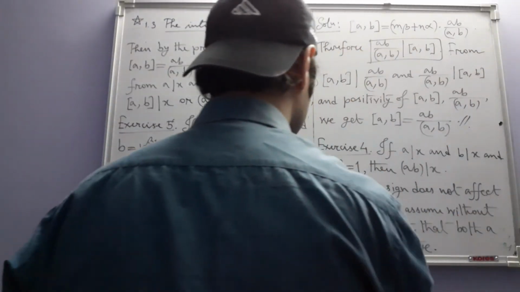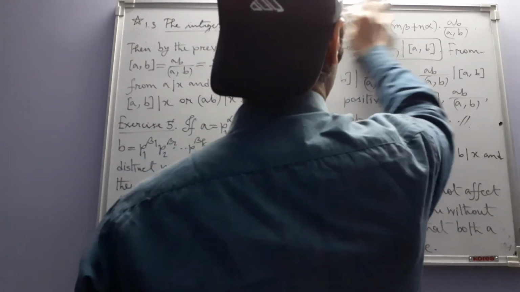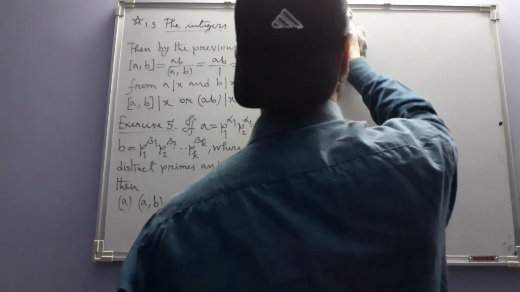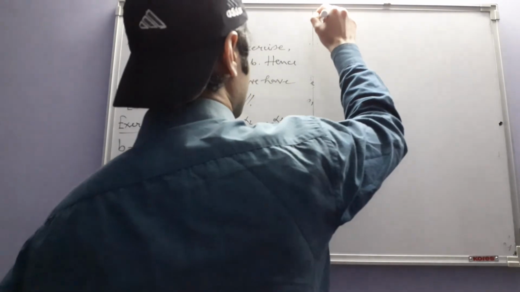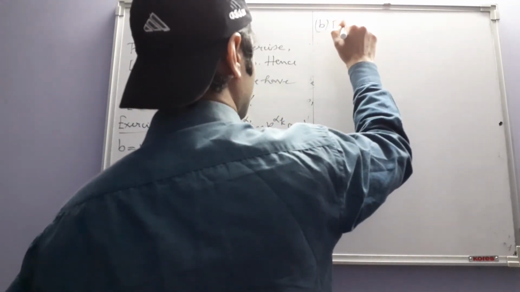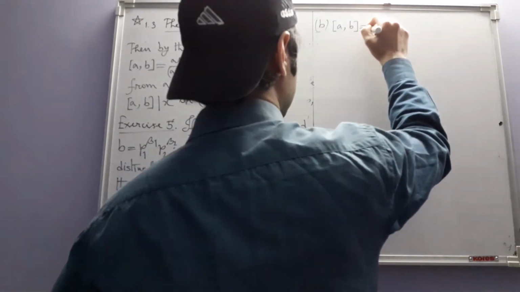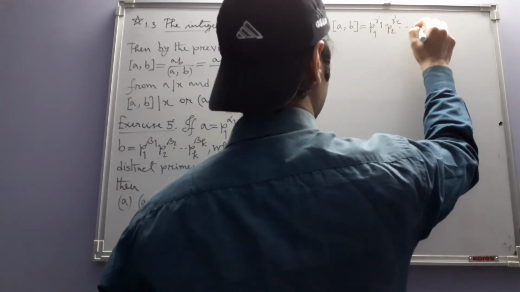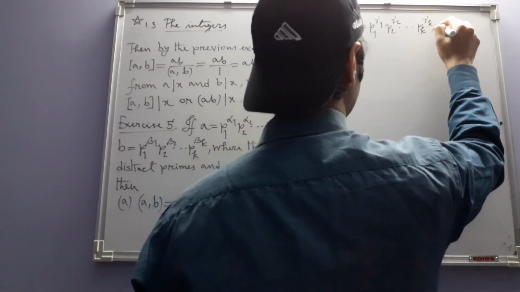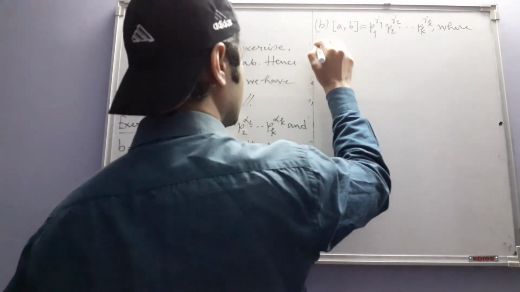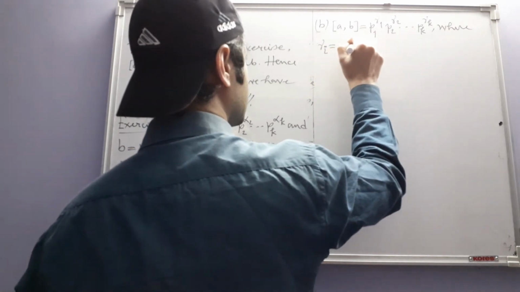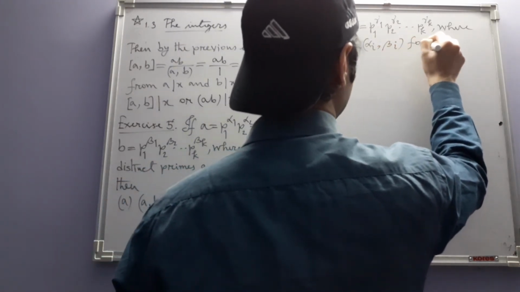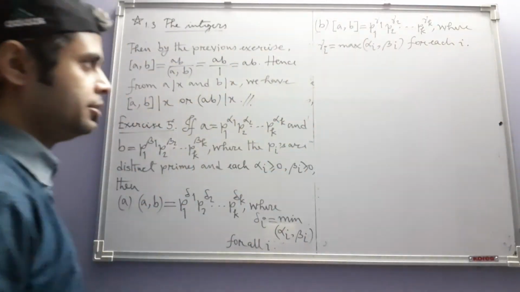And like that there is one for the LCM. The LCM likewise is equal to p1 to the power gamma 1 times p2 to the power gamma 2 up to pk to the power gamma k, where gamma i in this case is the maximum of alpha i and beta i for each i.